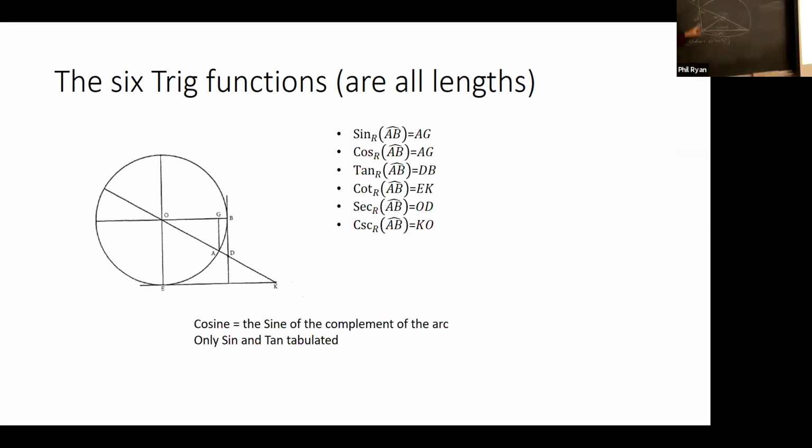So if you've got a right triangle like this, the cosine of 36 degrees is the same thing as the sine of 54 degrees. Same with the tangent and cotangent, same with the secant and cosecant. So you really only need 2 tables. And secant and cosecant were so rarely used, it wasn't worthwhile having tables for them.